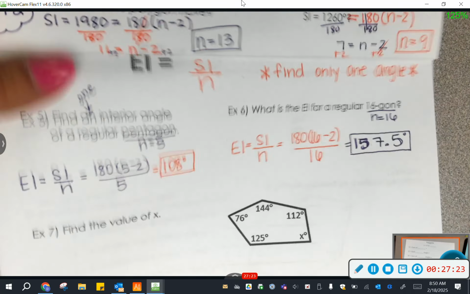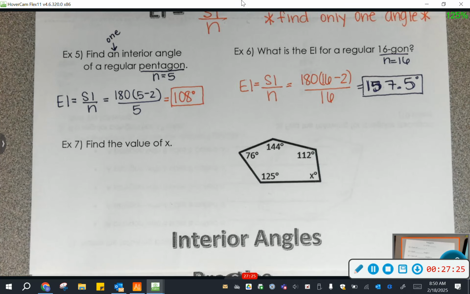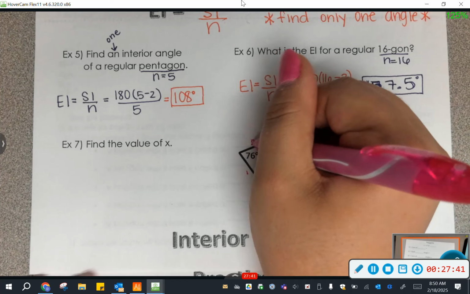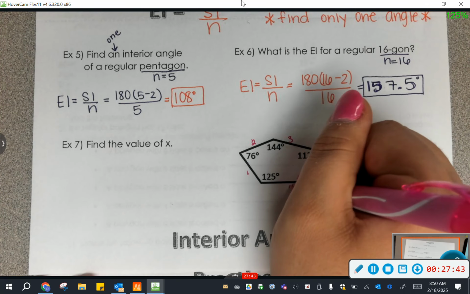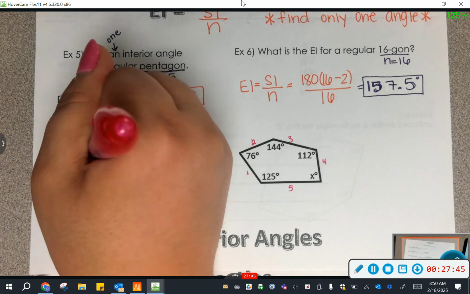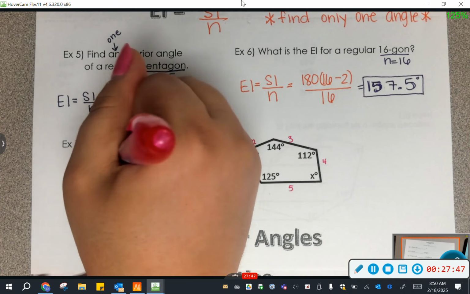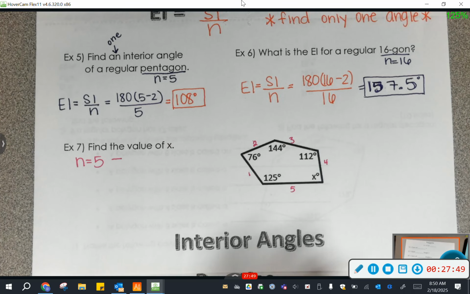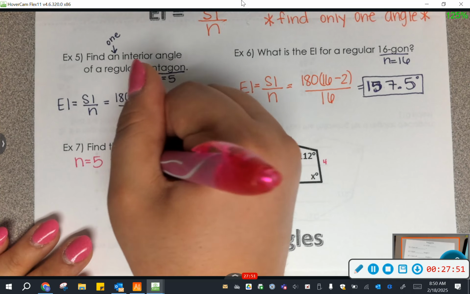All right, last one, and then you're going to go on your own. How do I find the value of x? Before I add them all up, how many sides does this have? 1, 2, 3, 4, 5. Everybody write n equals 5. If n equals 5, what do we call something that has 5 sides? Pentagon. See, y'all are already learning.